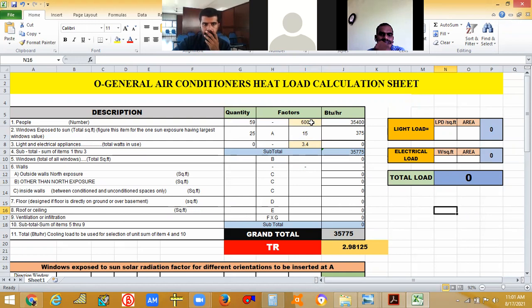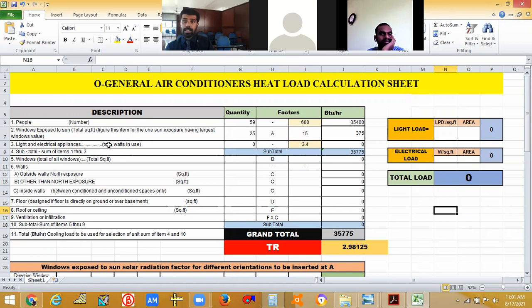Now, next they have asked about the light and electrical appliances. For this, ASHRAE gives light power densities, LPD, for different categories of applications. The electrical load we get directly from the electrical engineer, asking what load they have used for the particular room.